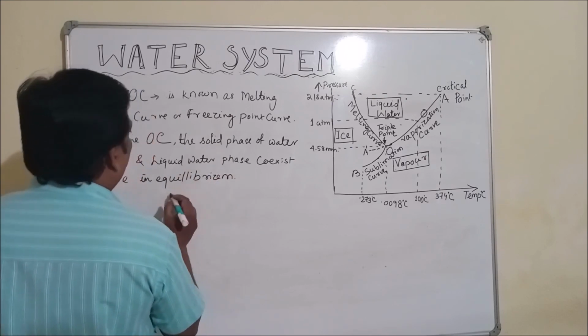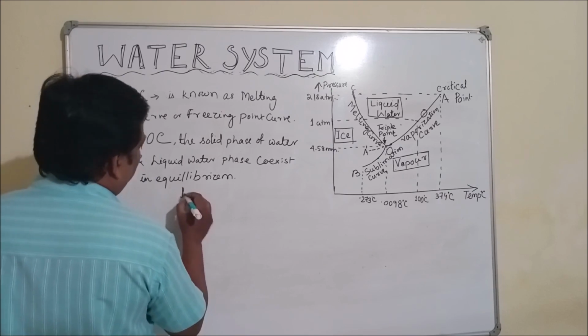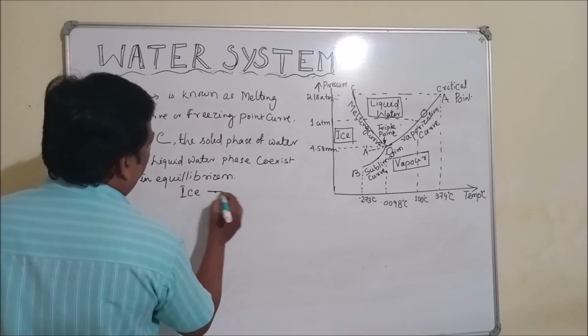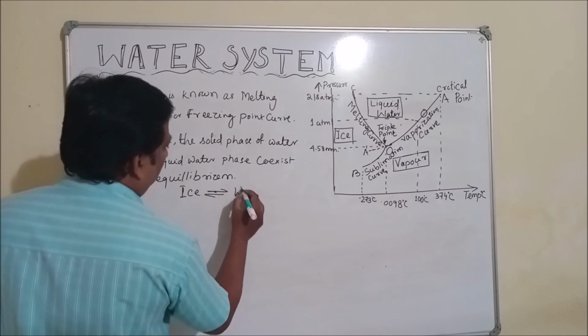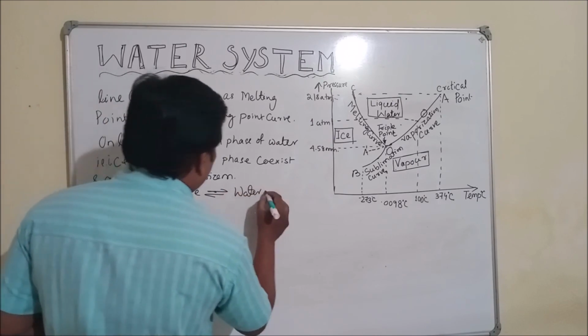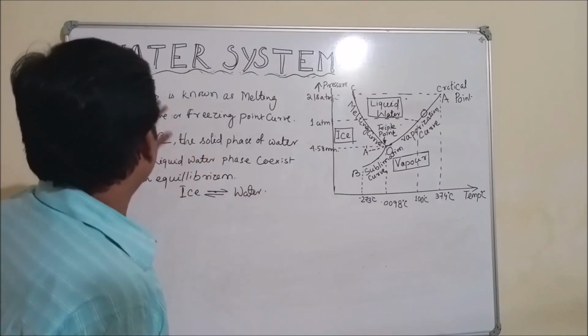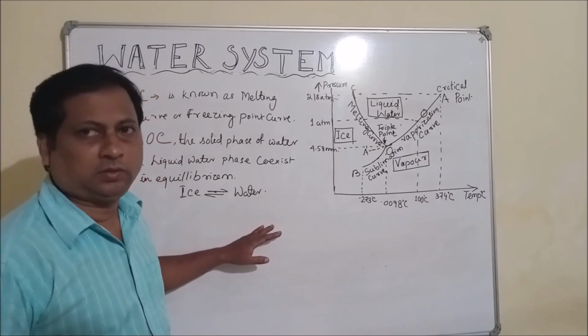So on the line OC, ice is in equilibrium with water.